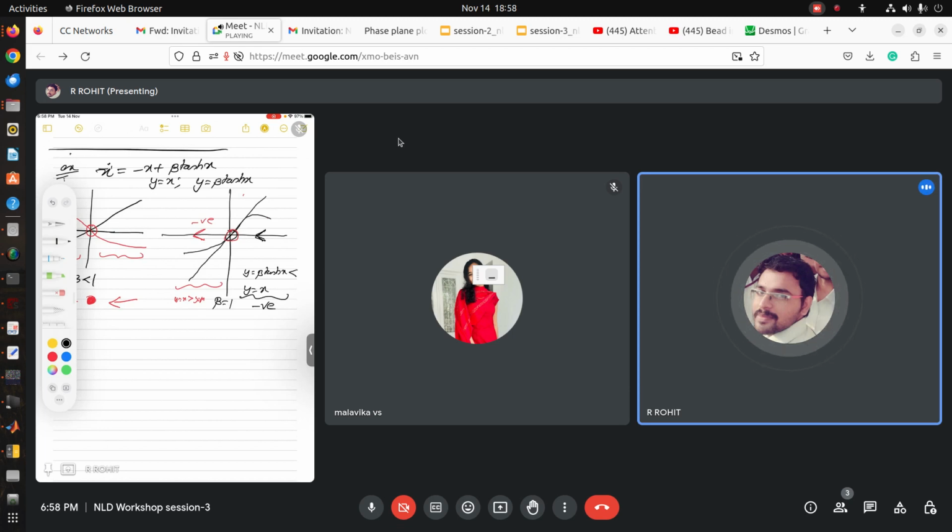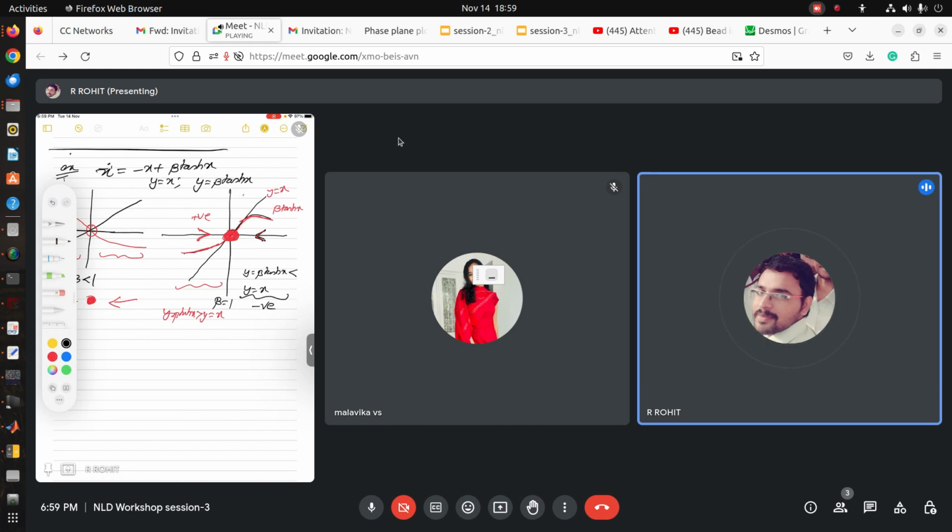And at the same time, here, if you observe, beta tanh of x is greater. Since you can see this is the curve, I should have drawn it with red. So this is beta tanh of x, and this is y equal to x. So y equal to beta tanh of x is greater than y equal to x. So that means it's positive, so it should go right. So eventually it's a stable fixed point.